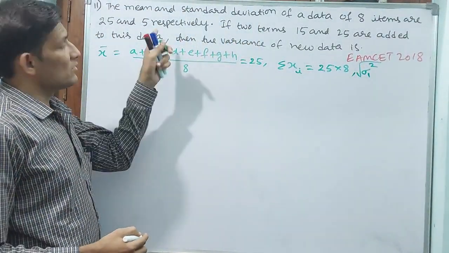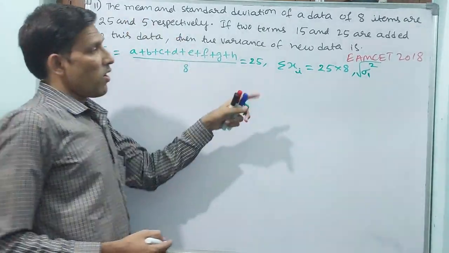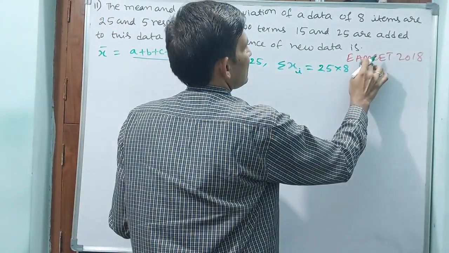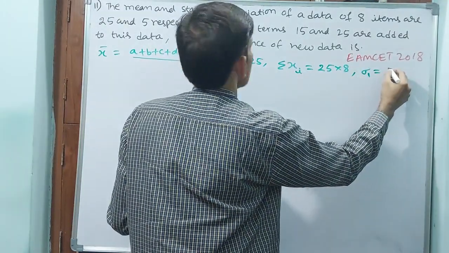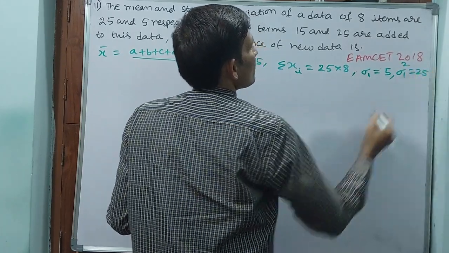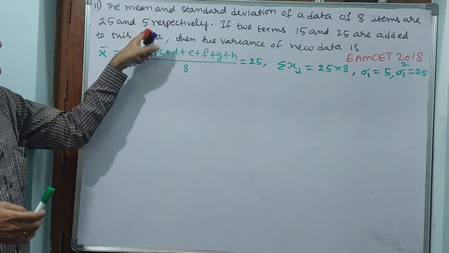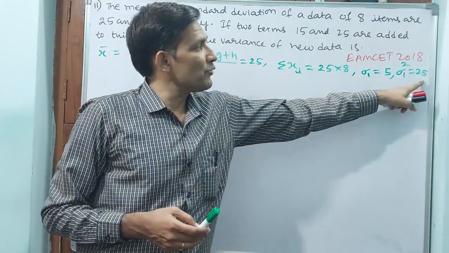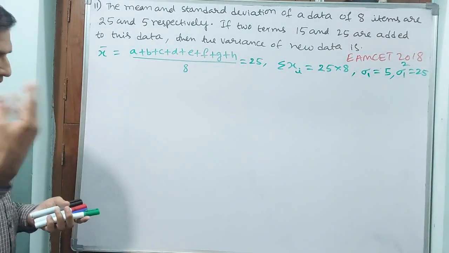Why? Because we will find the variance, and if you apply root, then that is going to become this. Let it be sigma 1 only. Sigma 1 is equal to 5 they have given. That means sigma 1 square is equal to 25. Why? Because with standard deviation 5, the variance will be 25. We know very well the square of standard deviation is the variance.